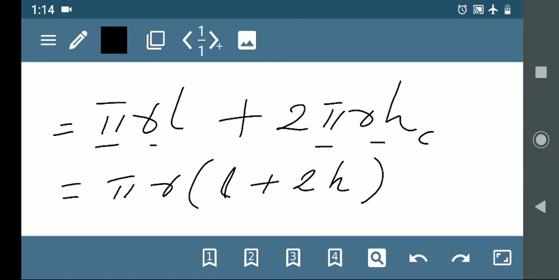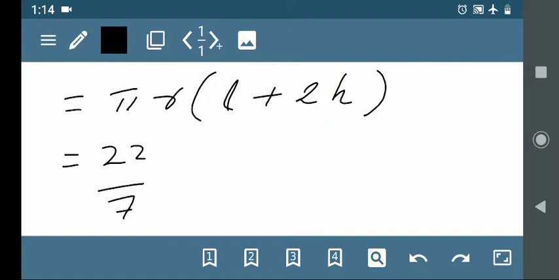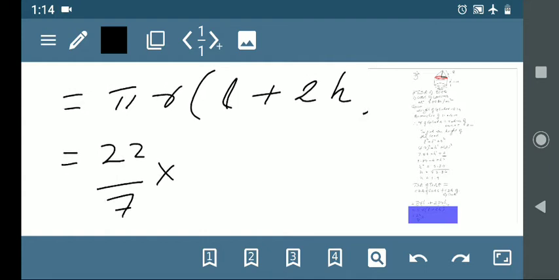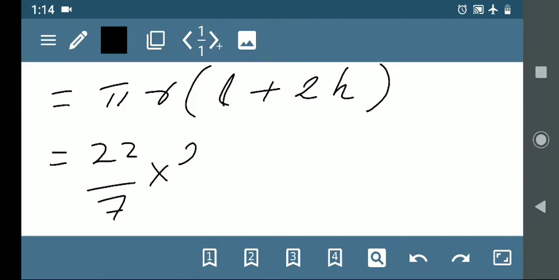So now pi is equal to 22 divided by 7, where the radius we got as 2 meters, L is slant height.